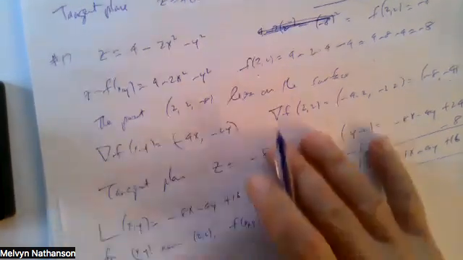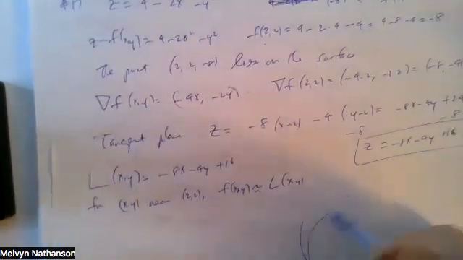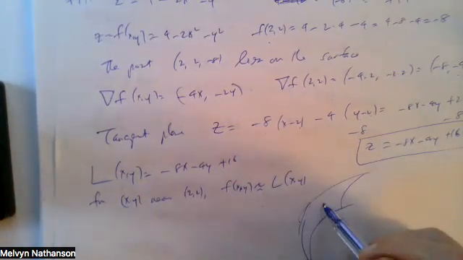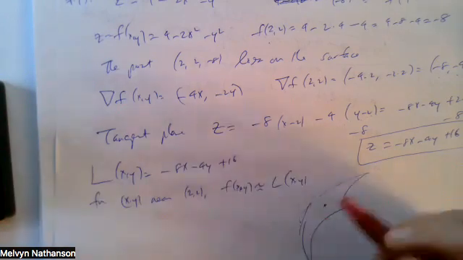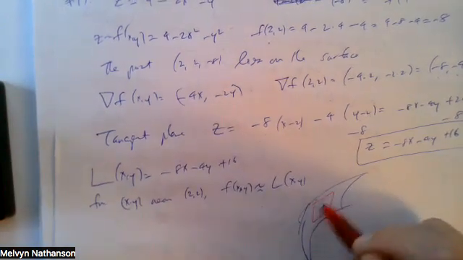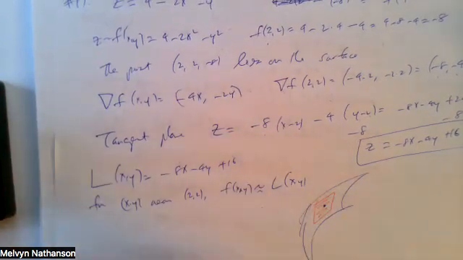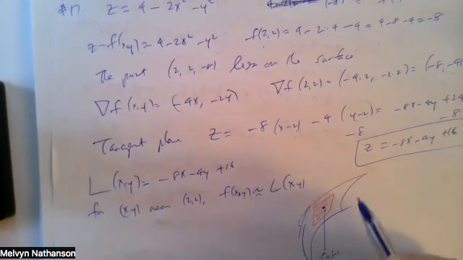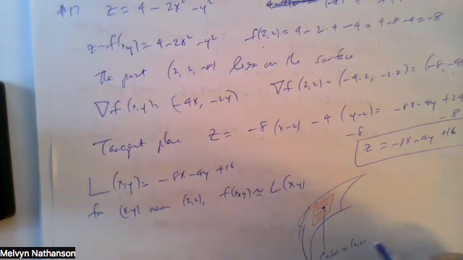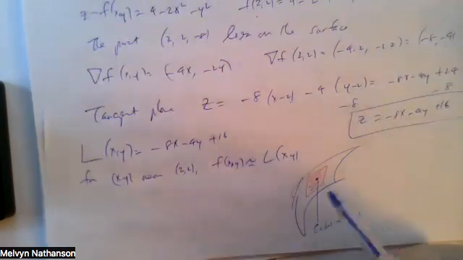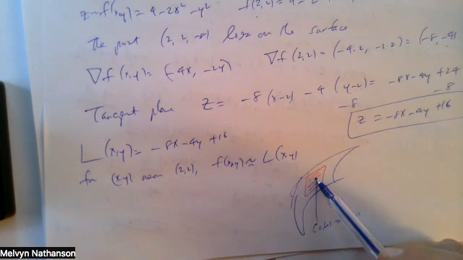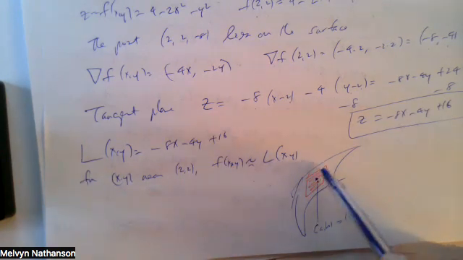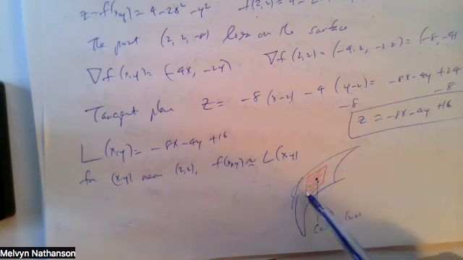That is, we have our surface, and on the surface we have the tangent plane. This is like the point (a, b), which in this case is (2, 2). So for points close to this point (2, 2), the value of the function is approximated well by this plane.